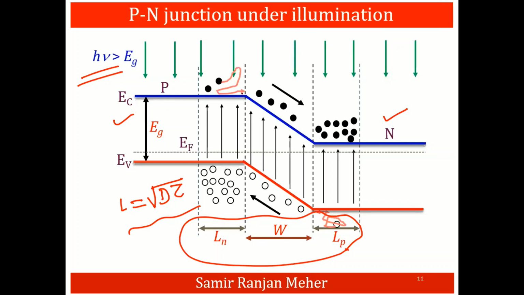So what happens in this case? Because the built-in potential is reduced, the drift current flows from the N side to the P side, and because of the reduction in the built-in potential, the diffusion current flows from the P side to the N side.